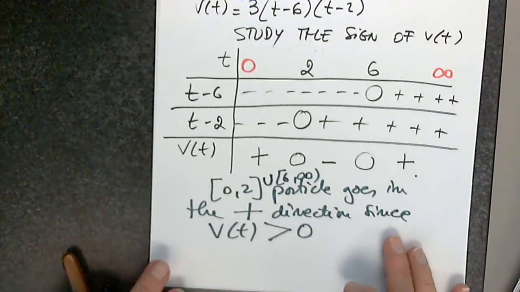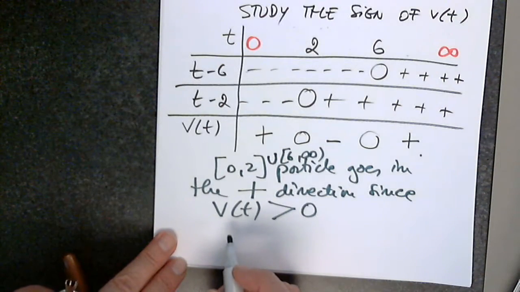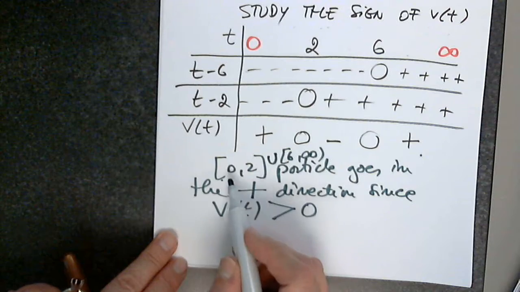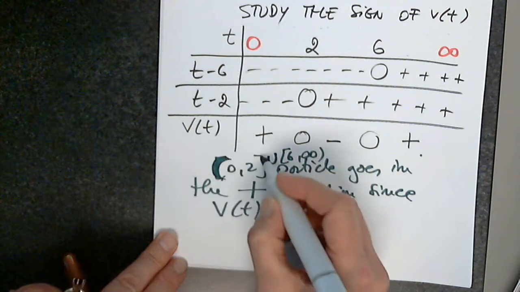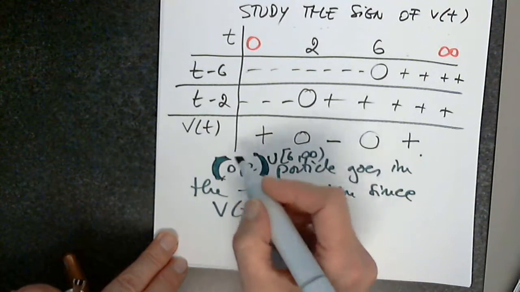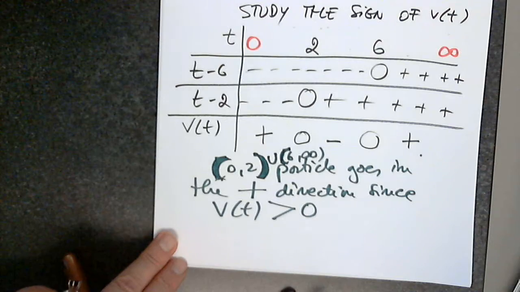When is the particle coming back, in other words? I should not include 0 and 2 because it's 0 at that point. So allow me to just write this. 0 is okay maybe, but parentheses are better.